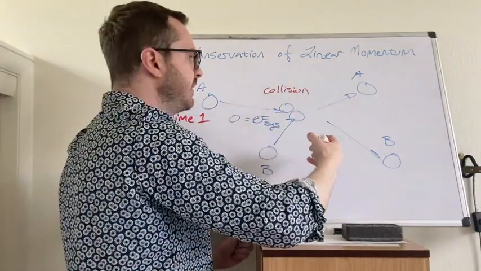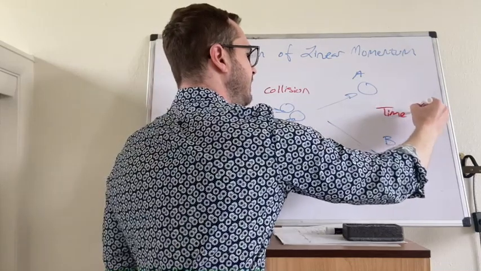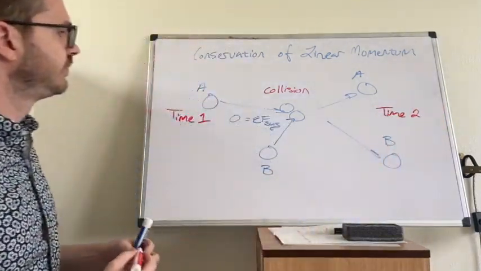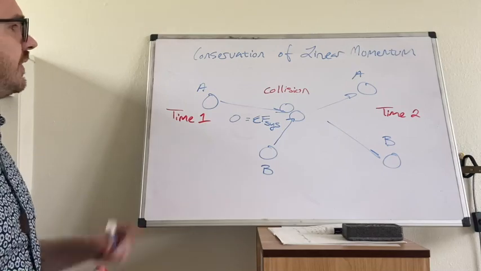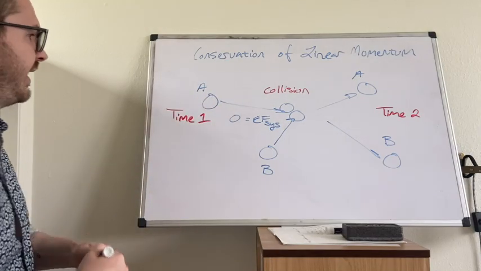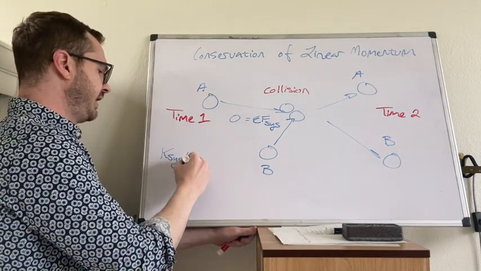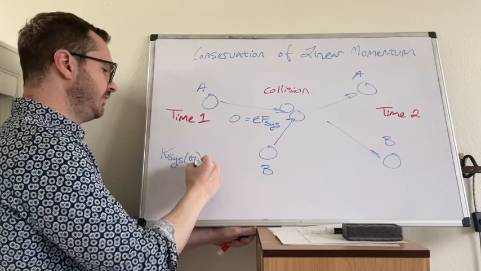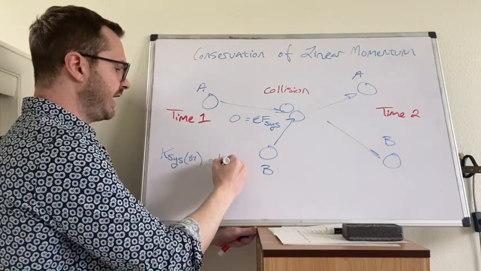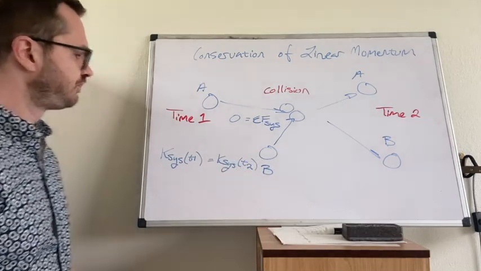There is some moment in the middle where there's a collision, and then over on the right we have time number 2. The claim that we're going to make using conservation of linear momentum is that k of the system at time 1 is equal to k of the system at time 2.